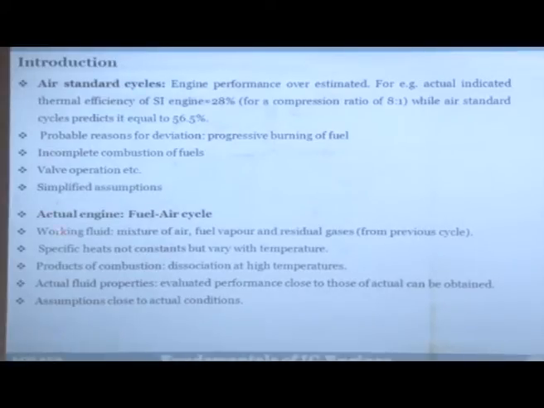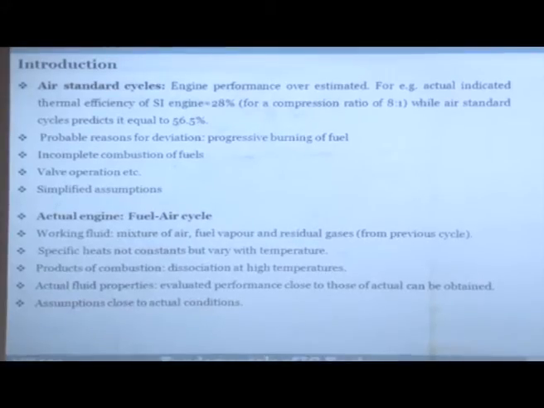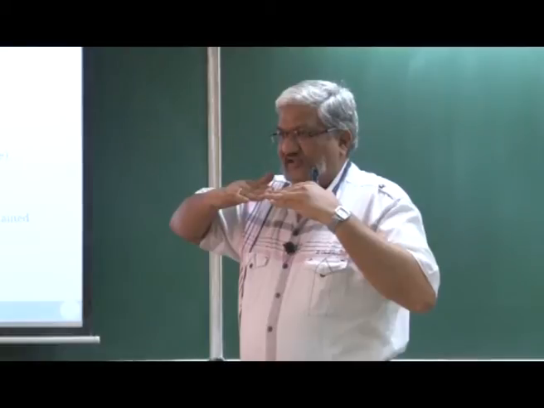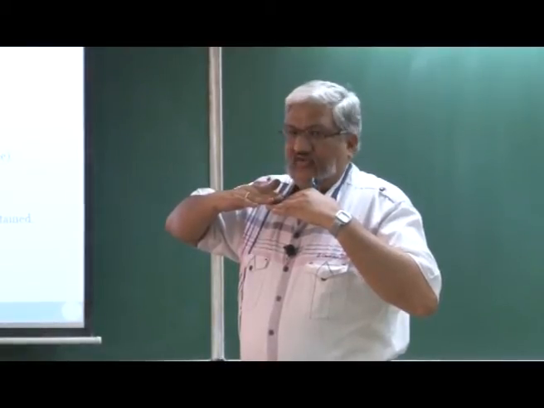So the working fluid in the fuel air cycle is a mixture of air, fuel vapors, if it is a gasoline engine, or if it is a diesel engine you are introducing fuel and it is vaporizing, and then the residual gases from the previous cycle. We have discussed this: when the exhaust stroke takes place, the piston goes all the way to the TDC, but still there is some clearance volume. What will that be filled with? It will be filled with exhaust gases. You cannot empty that exhaust gas.